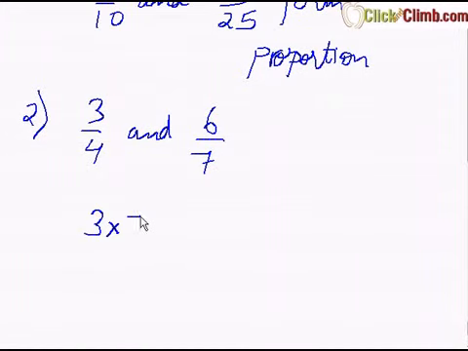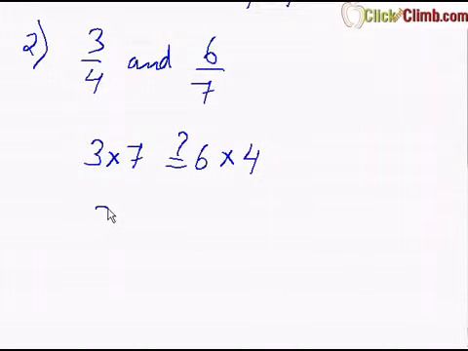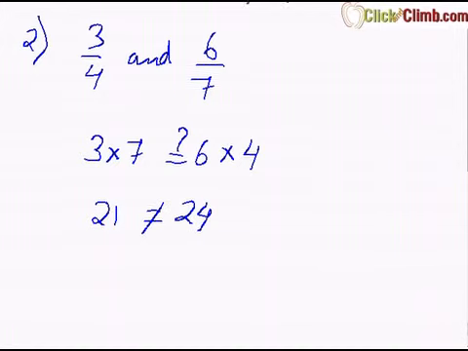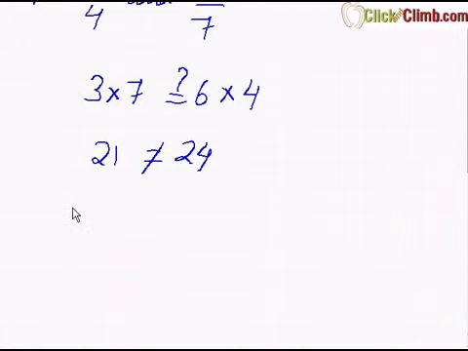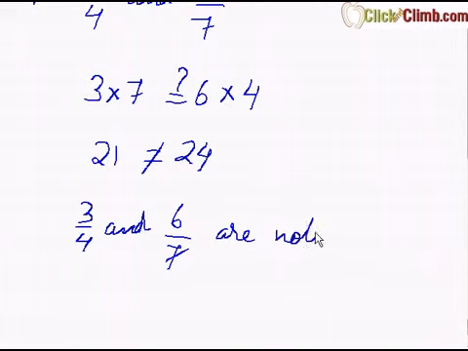So 3 times 7, and we need to see if this product equals the product of 6 times 4. 3 times 7 is 21 and 6 times 4 is 24. Of course, these two numbers 21 and 24 are not equal, so we say that 3 over 4 and 6 over 7 are not in proportion, or they don't form a proportion.